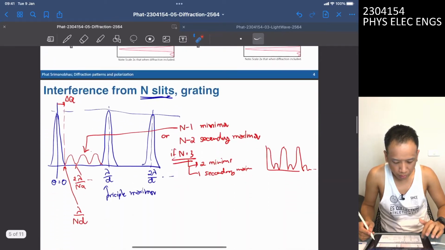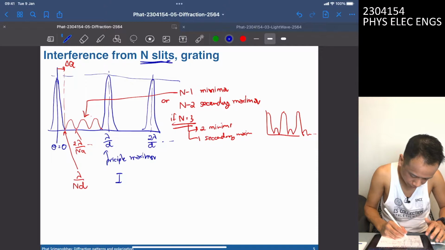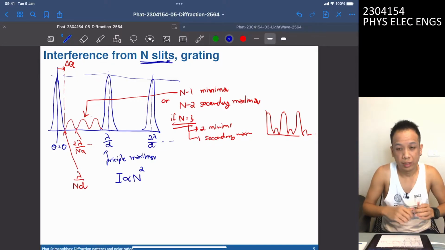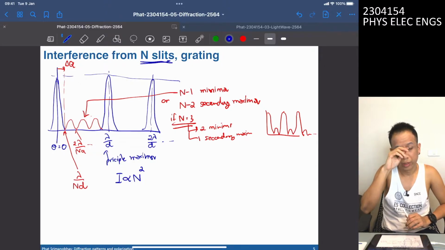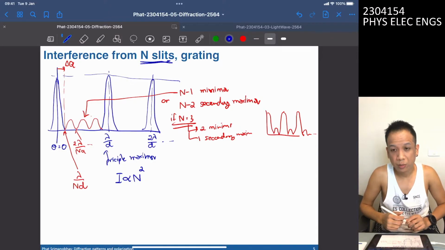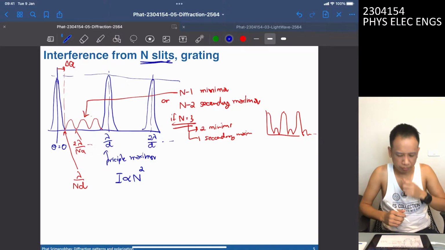So basically the intensity will be proportional to the number of slits squared. So when you have 100 slits, it's going to be brighter than 1 slit by a factor of 100 squared.